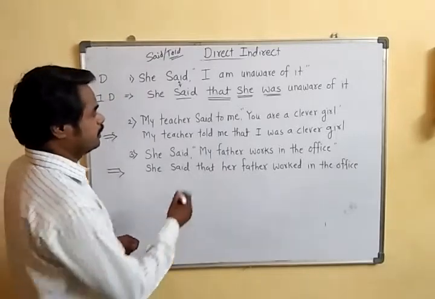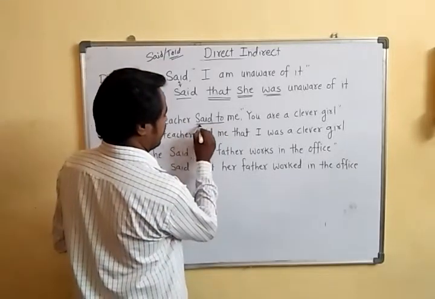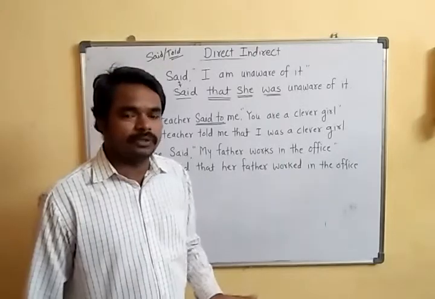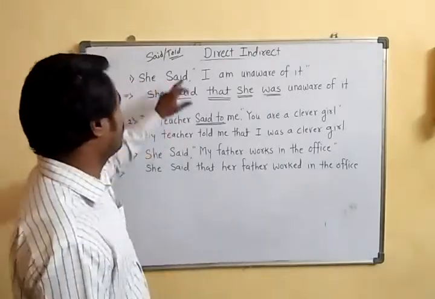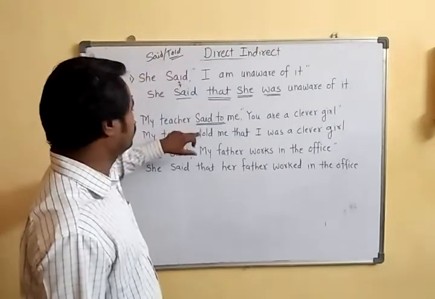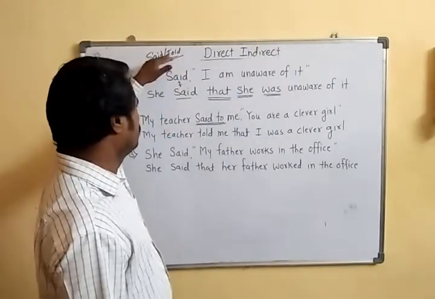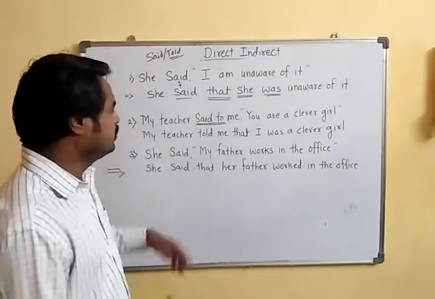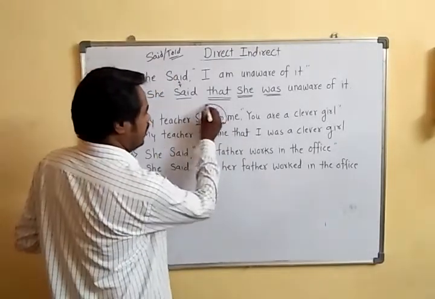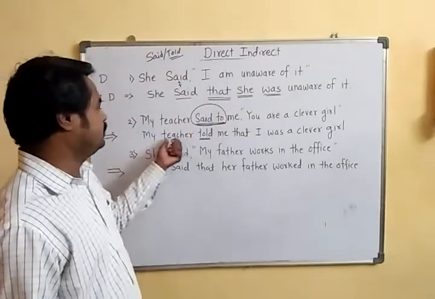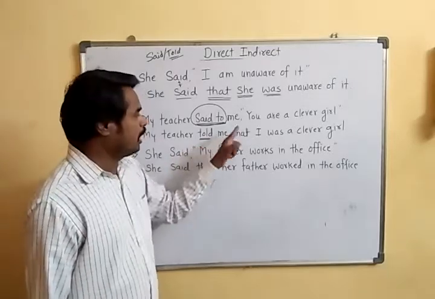You just notice one thing here in the sentence: said to is used. Most of the time when said to is used, we have to take the word told. For this said to, we have to take this told. Okay, my teacher told me.